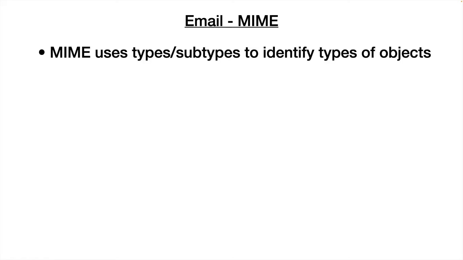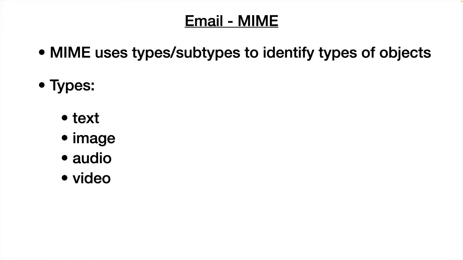MIME makes use of what they call types and subtypes to identify objects. So the types, the first part of this, would be things like text. This is some type of text in ASCII. It is an image. It's an audio file. It's a video file.